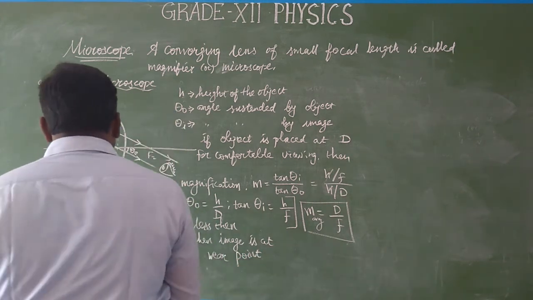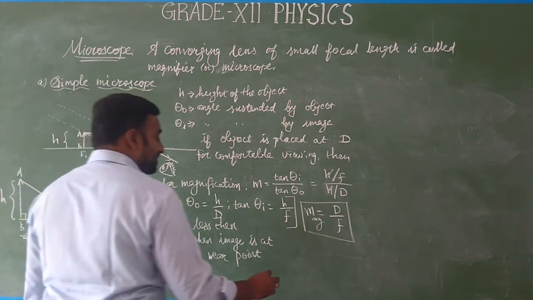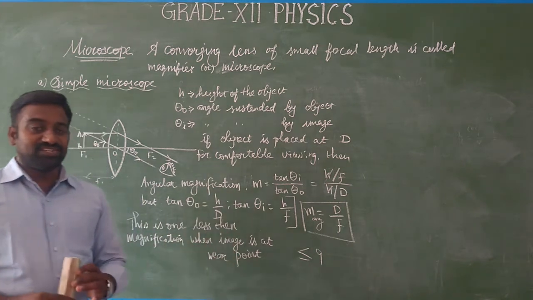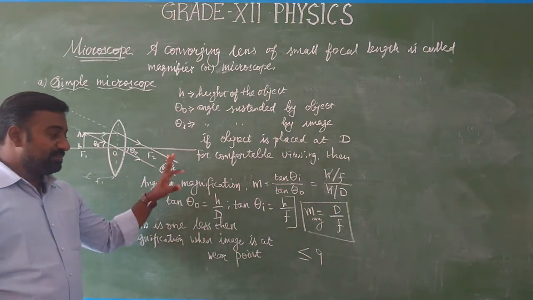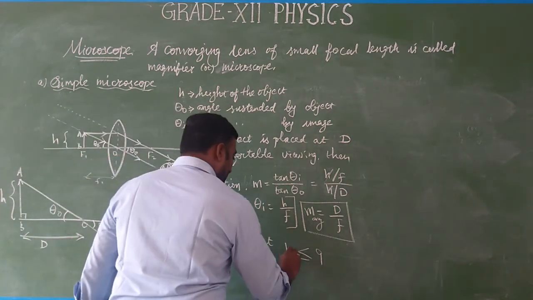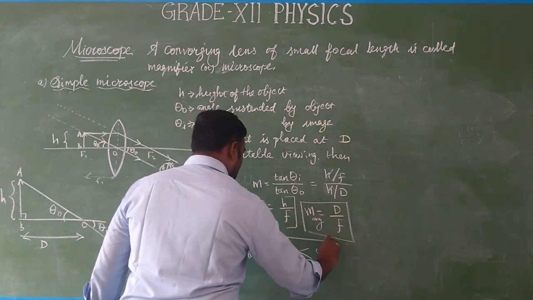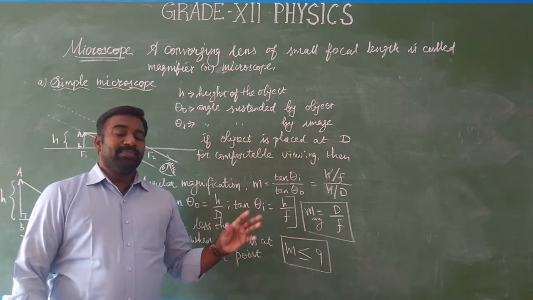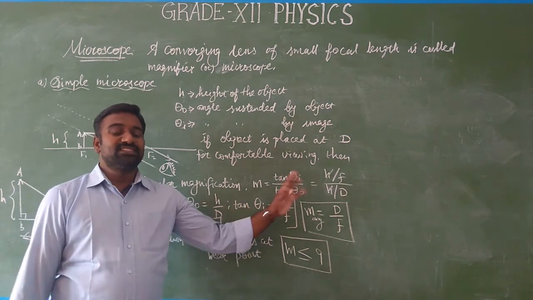Normally for a simple microscope, the magnification should not exceed 9. So this is a limited magnification. A simple microscope has only limited magnifications, within 9 only. No magnification in a simple microscope exceeds 9.